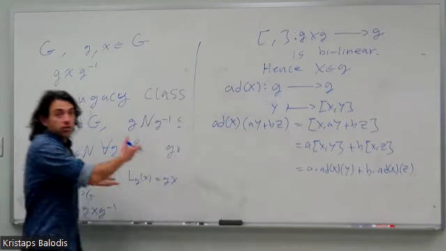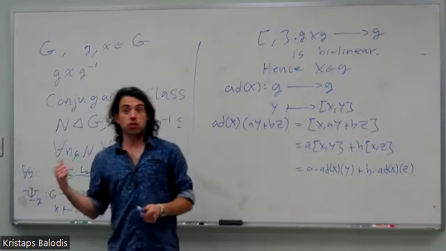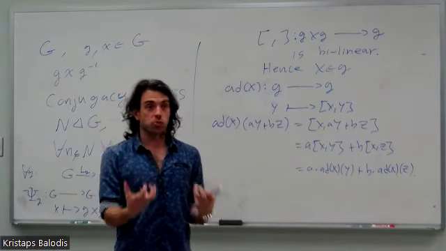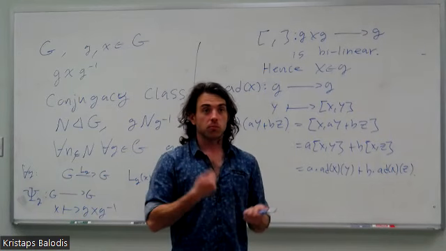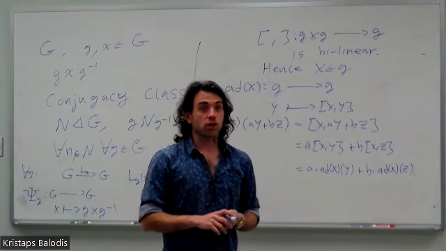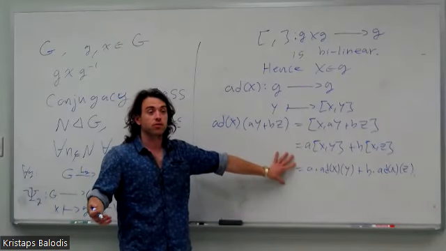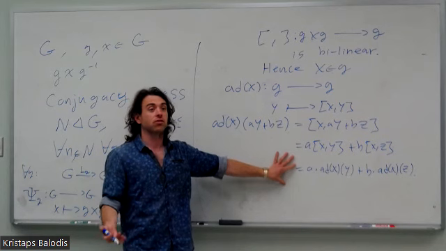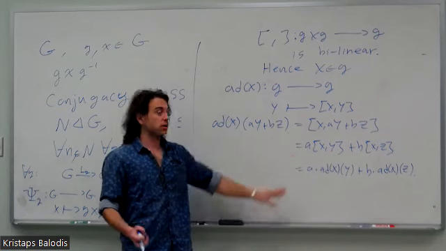This is, I think, even more amazing than the concept of conjugation on a group, because conjugation on a group is awesome because somehow the group is pulling itself up by its own bootstraps, right? We have this way of the group acting on its own internal structure. Here we get the same thing, but with the double bonus of the fact that now we have a linear transformation, right? And so now we can bring all the tools of linear algebra.